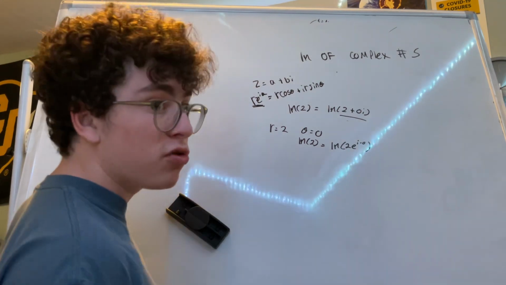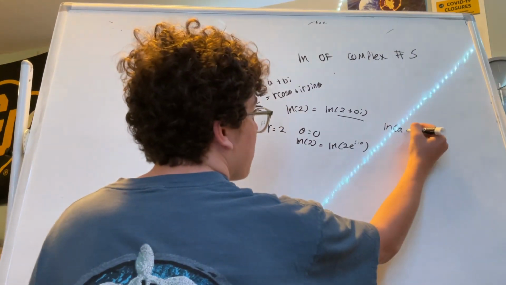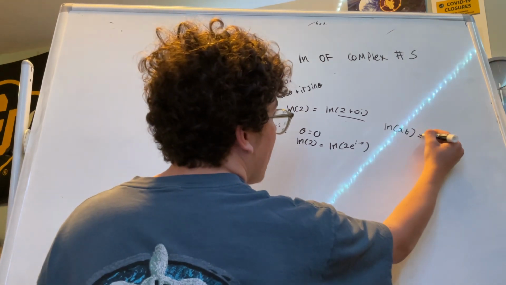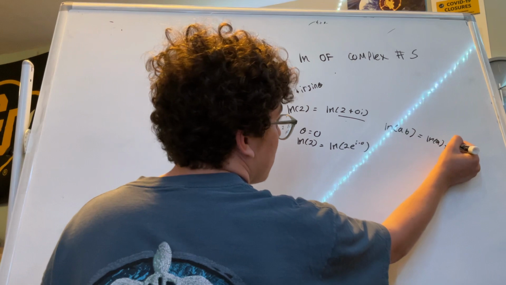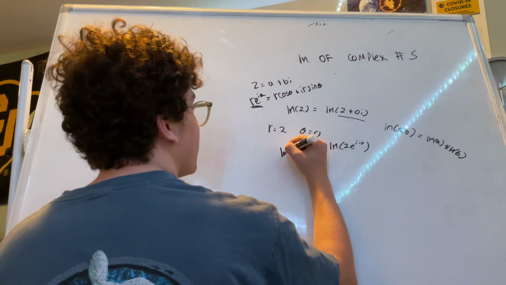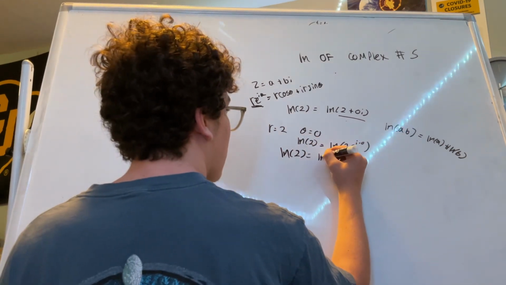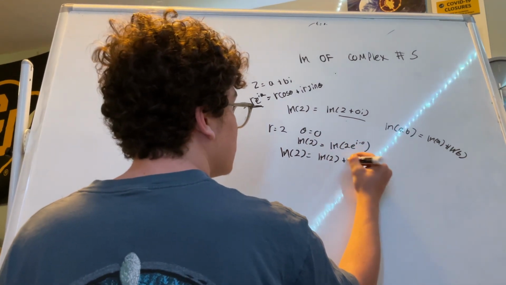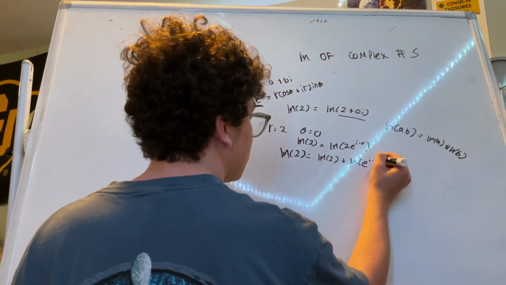And if you remember a property of natural logs, the natural log of a, b can be written as natural log of a plus natural log of b. Therefore, we can rewrite this saying that natural log of 2 is equal to natural log of 2 plus natural log of e to the i times 0.